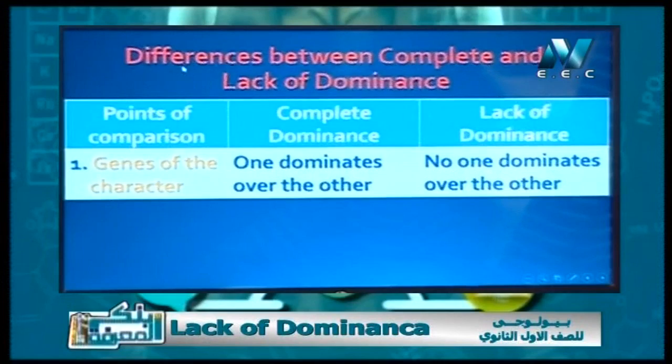So how can we compare between them? First, we start with the genes of the character. In case of complete dominance, one dominates over the other one. But what about lack of dominance? No one dominates over the other, as we said. Okay?